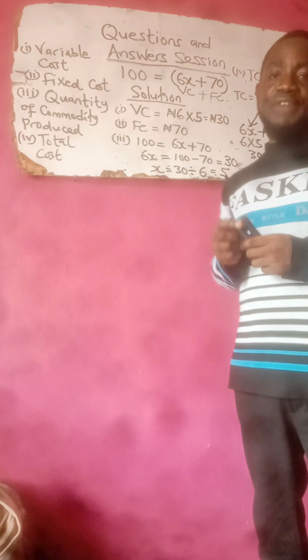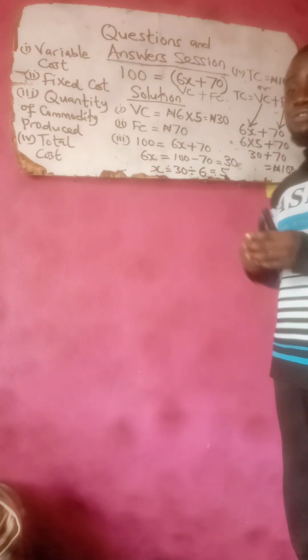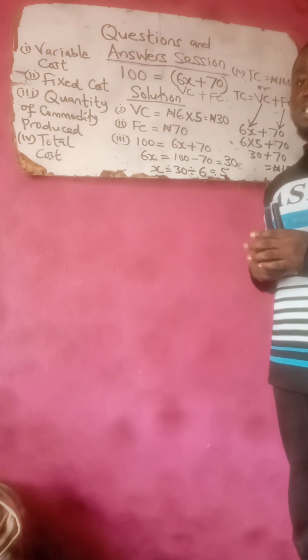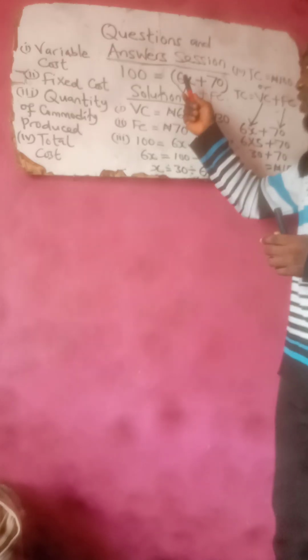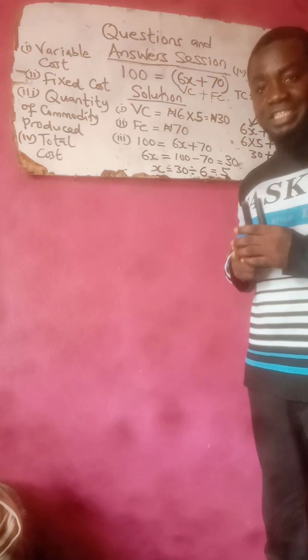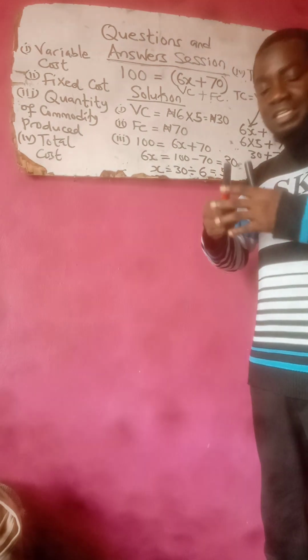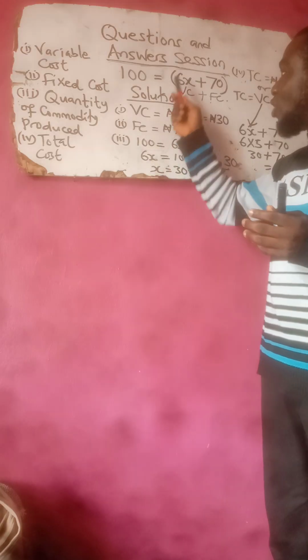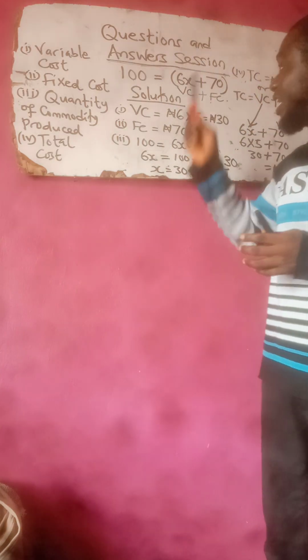It is a constant value that is not attached with any letter. While variable cost is usually attached with letters X, Y, V, K, and so on. The number you see beside the letter represents the cost per unit of the quantity of the letter produced.